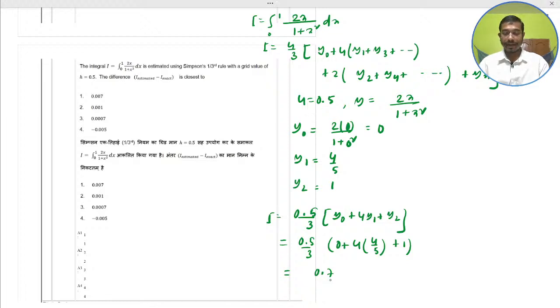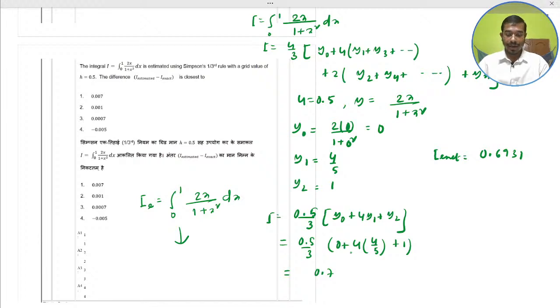And one thing is, the exact value, what would it be? 0.6931. Exact value means you just integrate this one, I exact, 0 to 1 of 2x by 1 plus x square dx, integrate by the rule, and you would get this one.